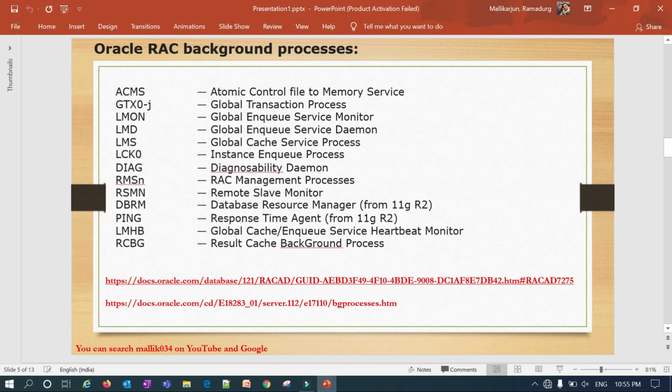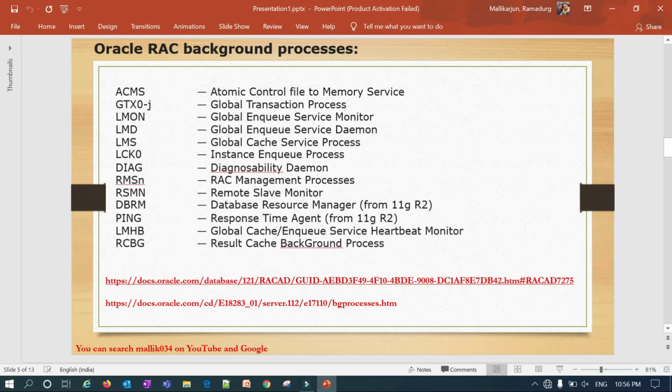In this slide, I have listed the major background processes related to RAC. ACMS, atomic control file memory service. GTX 0 to J, meaning 0 to 9 and A to J, which are global transaction processes. LMON, global enqueue service monitor. LMD, global enqueue service daemon. LMS, global cache service processes.